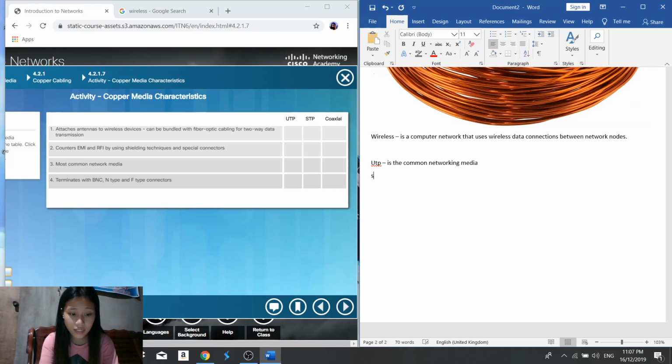And the STP, which is the shielded twisted pair, provides better noise protection than the UTP cabling.